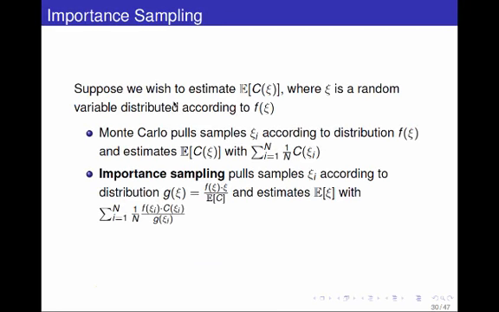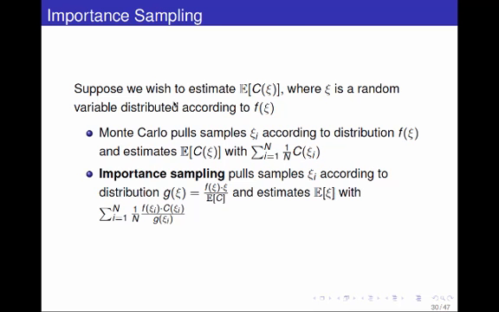So here is what this looks like. If we're estimating expected cost, and this cost random variable is distributed according to a distribution f, Monte Carlo just uses this f, pulls the c's, and reports the average cost.